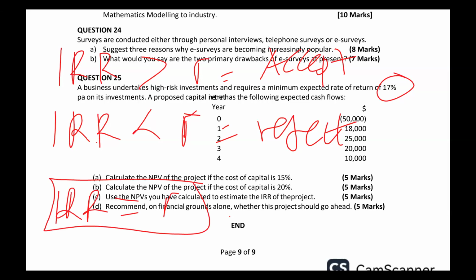Your IRR is 18.6 something percent, which is 19, and your target rate is 17. What is your conclusion on D? I think we should accept the project because the IRR is greater than the expected rate of return. That's what you put on D.